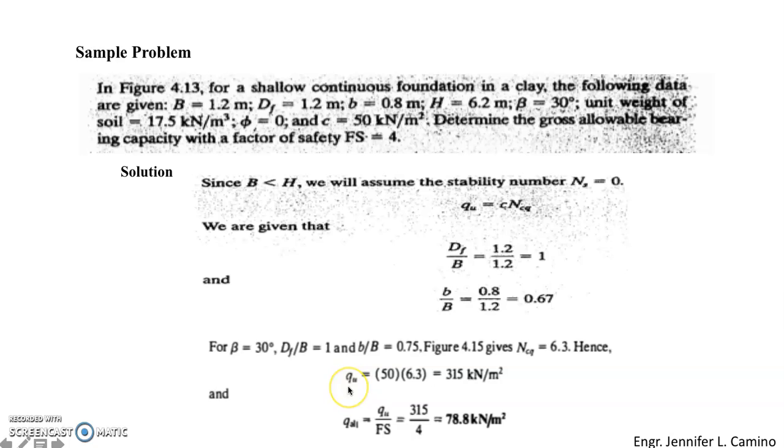So we substitute to this equation to get our ultimate bearing capacity, that is 315 kilonewton per meter squared. And if you're going to compute for the gross allowable bearing capacity, you have to divide our ultimate bearing capacity with the factor of safety, and that gives us 78.8 kilonewton per meter squared.